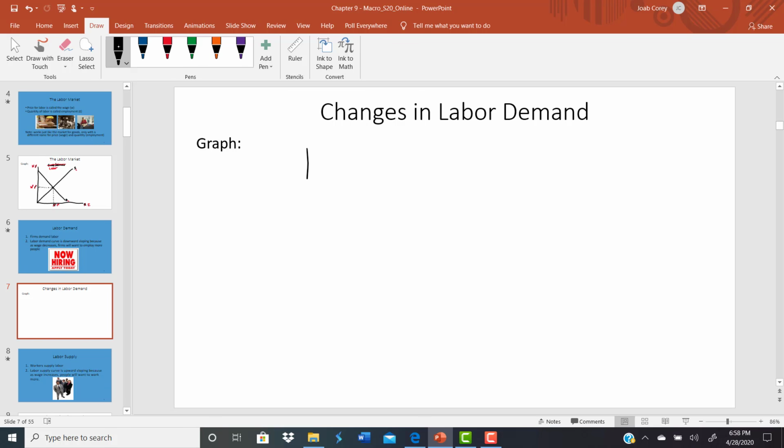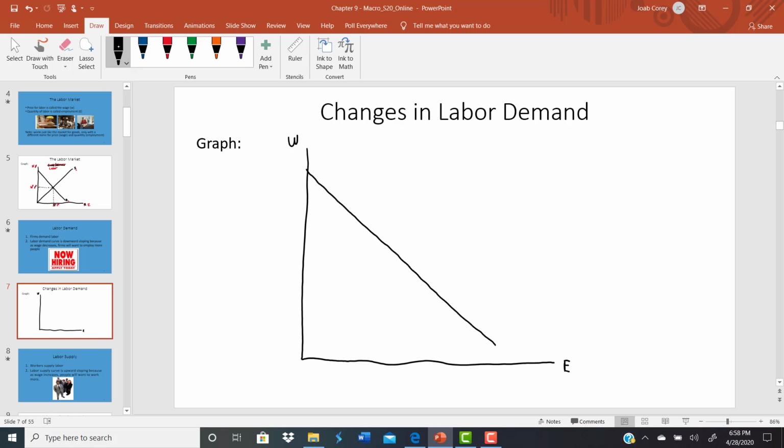So again, let's start off in our labor market this time, now that you know how the conversion works, where we're going to have wage, and again, the employment level, and you're going to have a downward sloping demand for labor. So again, this will be D subscript L, that represents our demand for labor. Now imagine that you had to pay a worker, say, $20 an hour.